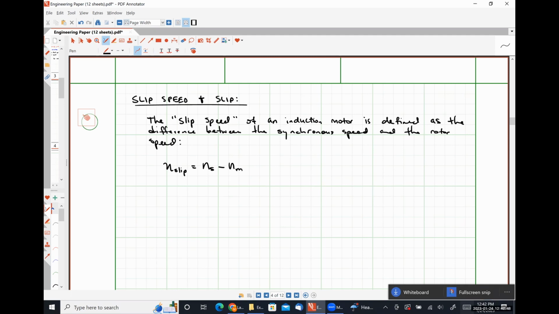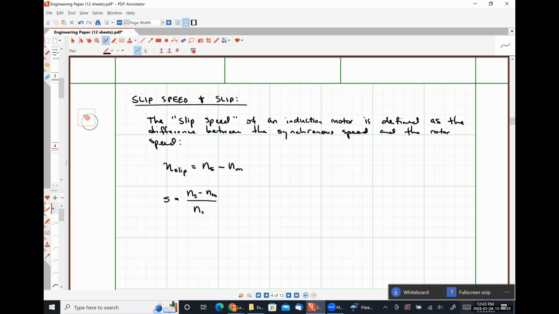Okay. The term slip describes the relative difference. So it's just a fraction effectively. So we're going to say that slip S is NS minus NM over NS, which is obviously a dimensionless quantity because RPM minus RPM over RPM gives us no units whatsoever.